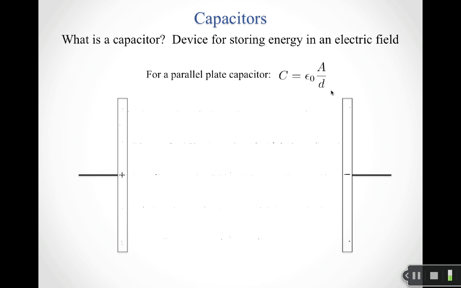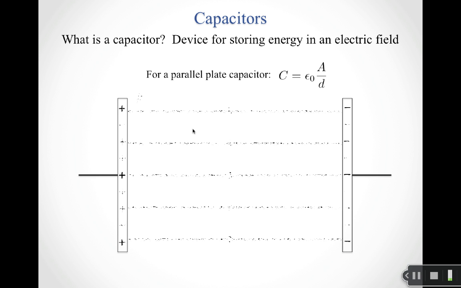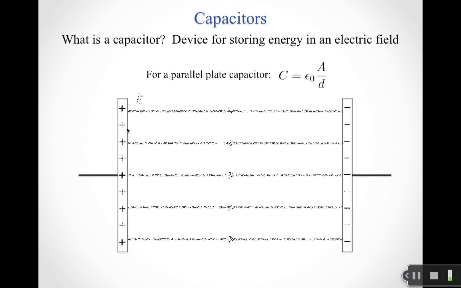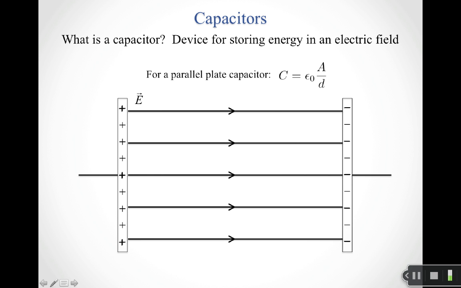So then you can start bringing charges in. You can think of it as bringing in electrons from this side. We know electrons are what we're really moving around in our circuit. So if I bring an electron into this plate, that would drive an electron out over here, leaving it positively charged. I keep building up more and more over here, and keep driving more and more electrons away on this side. And so what I'm left with is a positively charged plate and a negatively charged plate.